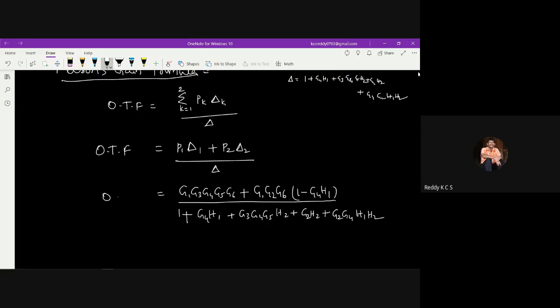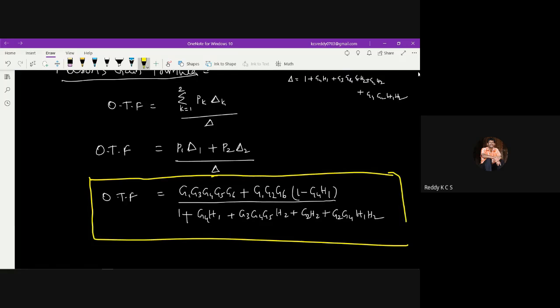So this is the overall transfer function of the given signal flow graph by using Mason's gain formula. The parameters that need to be calculated are the forward path gain, del values, and del k values. How to find the P's, del, and del k is very important in the signal flow graph.